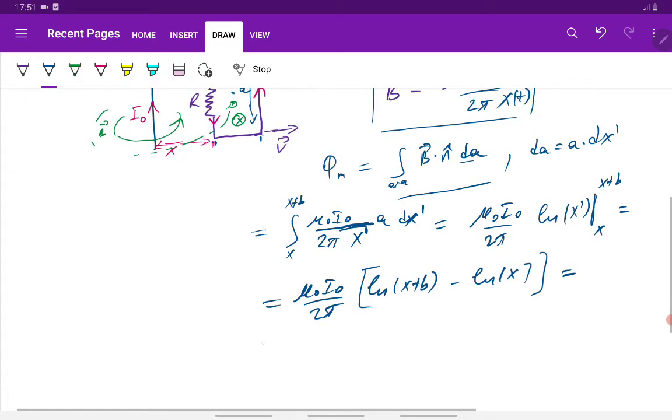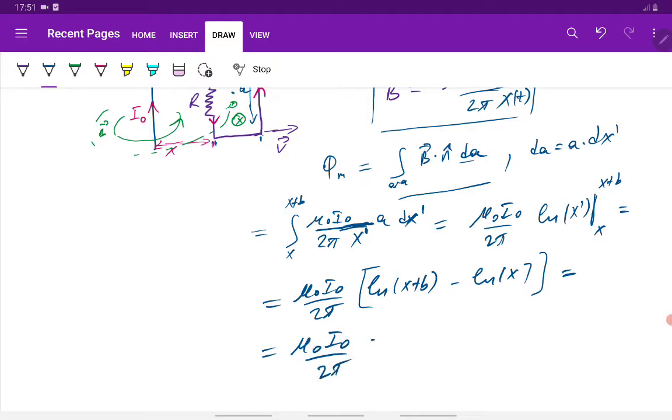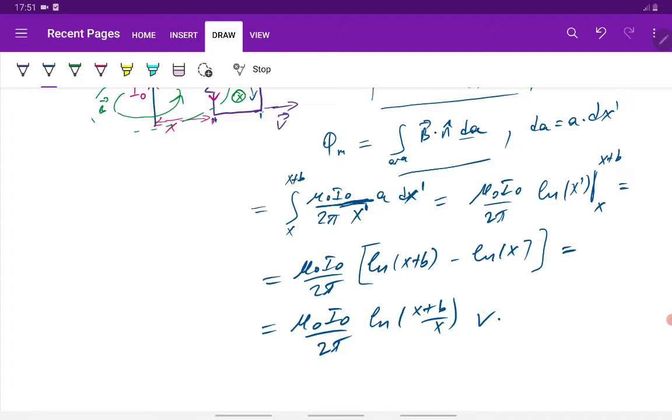Using the properties of the logarithmic function, we will have ln of (x plus b) over x. That's all. We found the magnetic flux, so we can actually write it this way: mu 0 I0 over 2 pi times ln(1 plus b over x).